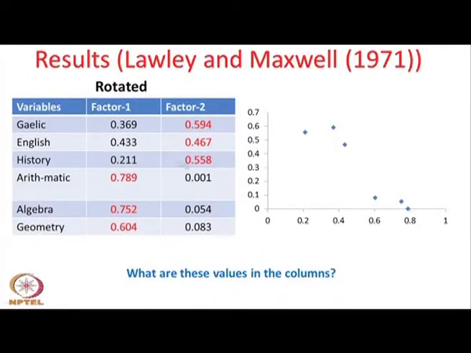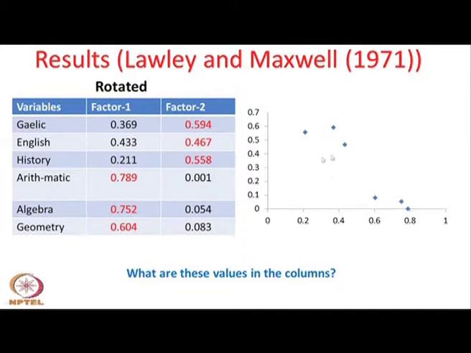Lawley and Maxwell say that this intelligence, having arithmetic, algebra and geometry, consists of mathematical ability and verbal ability. These two factors are hidden there, and they are manifested in terms of performance in the mathematical subjects as well as the literature-based subjects.